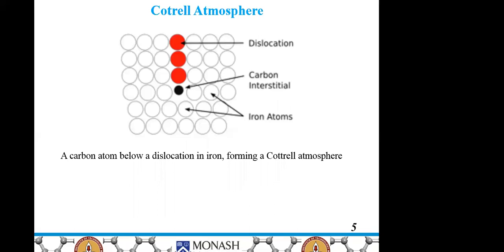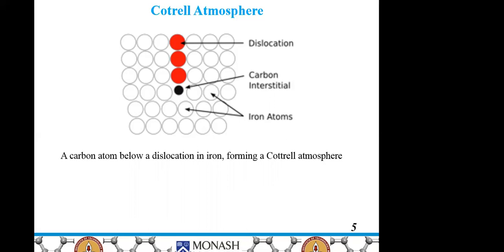Now, this yield point phenomenon is explained by the Cottrell atmosphere. As I said in the slide, this is the positive edge dislocation, and there is space below the positive edge dislocation, and the carbon interstitial atom will sit below this and will lock the dislocation against further movement.